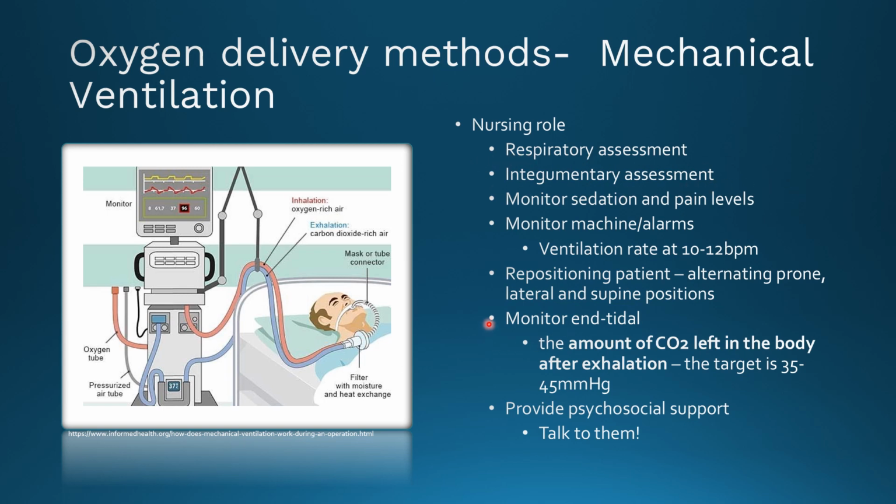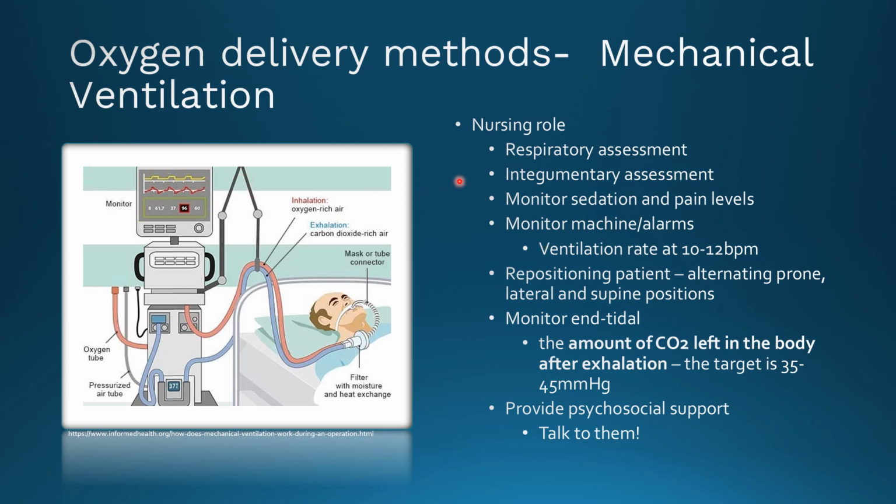We're going to be monitoring something called the end tidal. The end tidal is this little box-shaped rhythm seen in this photo here. The end tidal is the amount of CO2 left in the body after exhalation. Typically the target amount for end-tidal CO2 is 35 to 45, and it is this rectangular-like waveform.